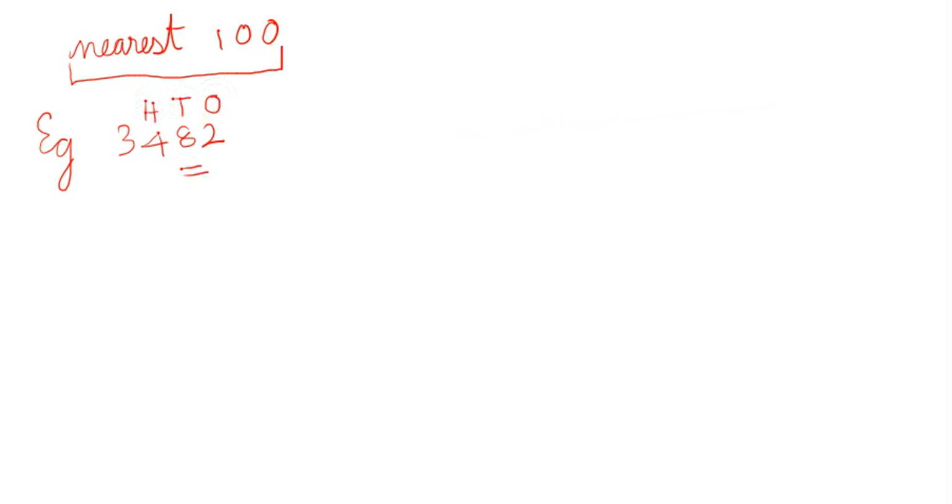My tens place is greater than 5. So I have to add 1 to my hundreds place, so my hundreds place will become 5. My thousands place will remain the same, and my tens and ones place will be replaced by 0.